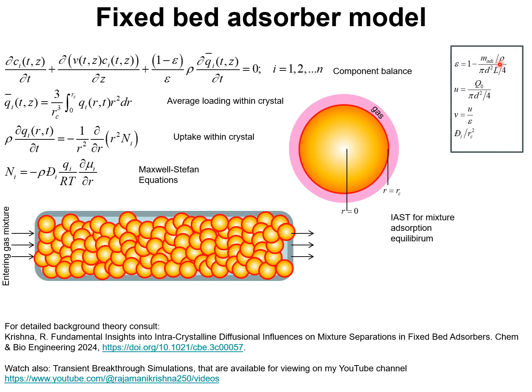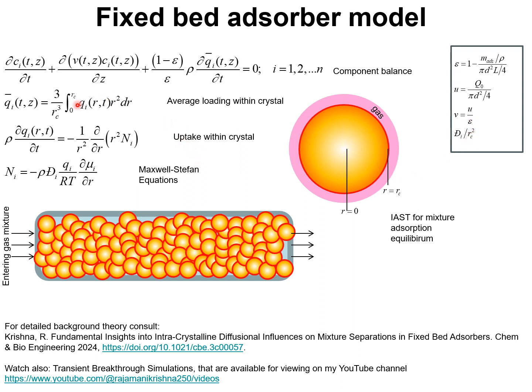Rho is the crystal framework density. D is the inlet diameter of the tube. Length of the packed tube is L, and so this is the cross-sectional area of the tube. The superficial gas velocity is Q naught divided by the cross-sectional area of the tube, and the interstitial gas velocity is the superficial gas velocity divided by epsilon.